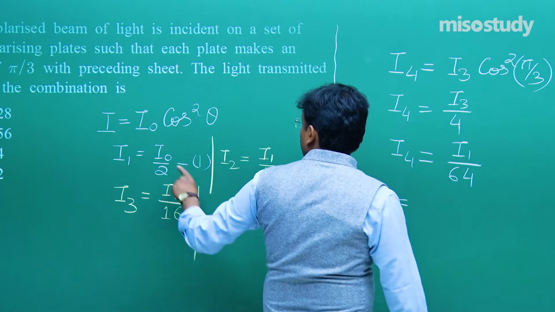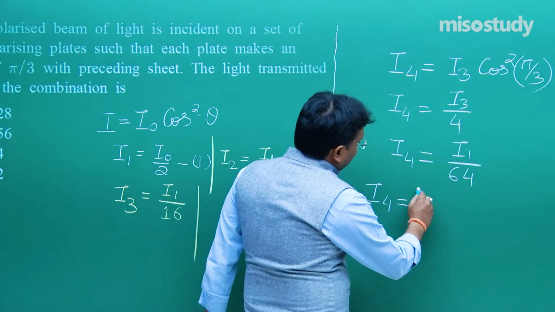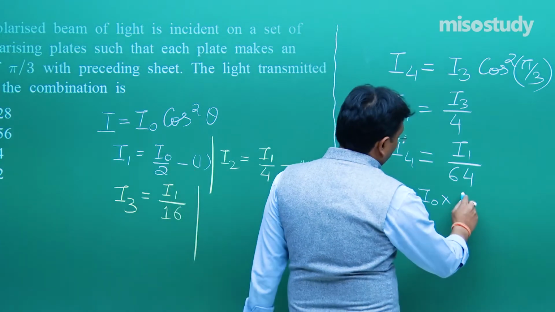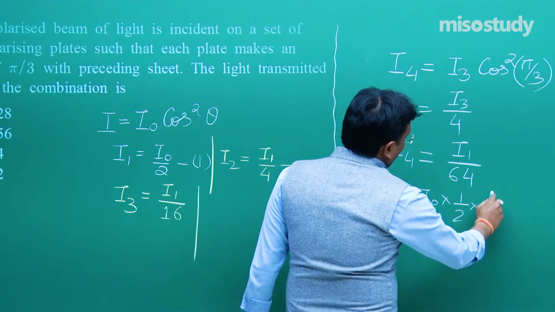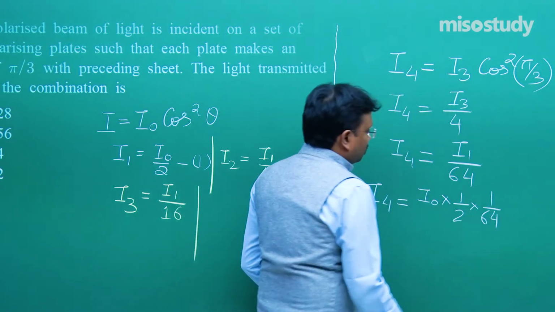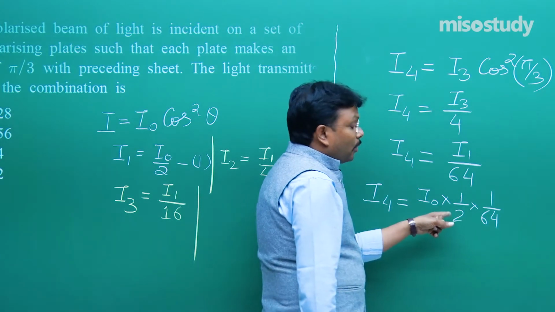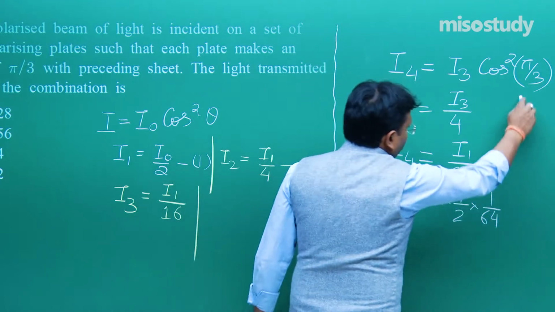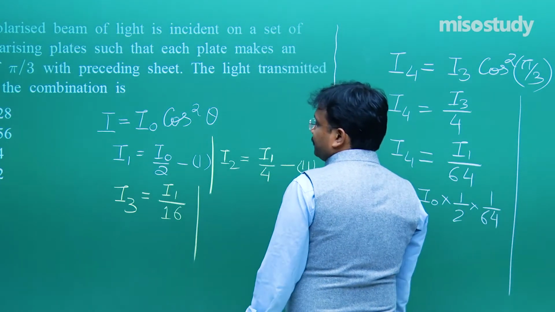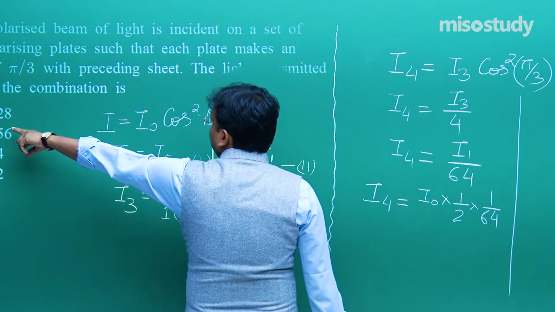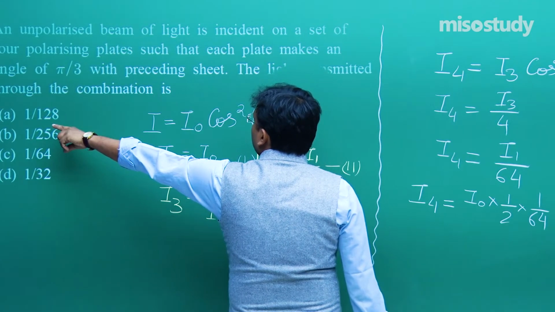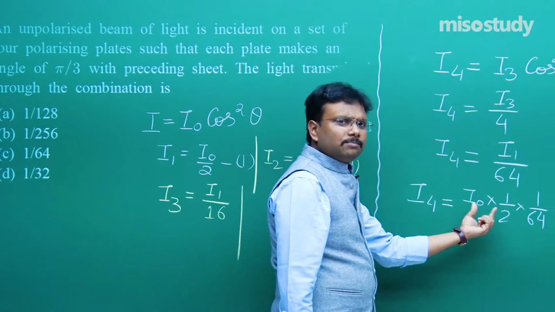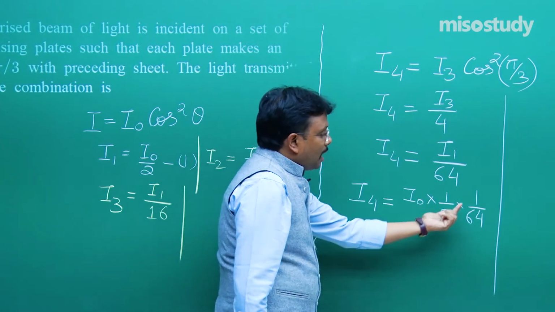I1 is I naught by 2, that is I naught into 1 by 2 into 1 by 64. So it is going to be how much? 64 into 2, that is 128. So finally, you can say the correct answer is A, that is I naught by 128. Either you can use 1 or you can use the I naught value as per the requirement of the problem.